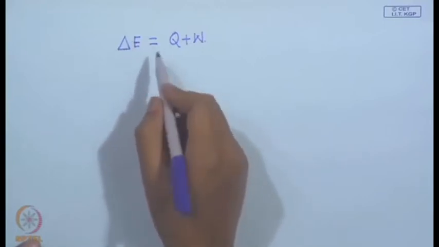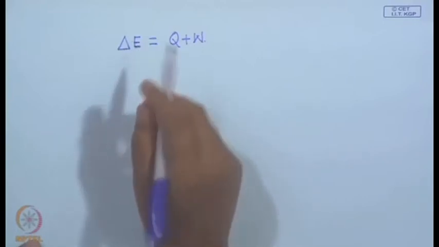Now, the internal energy, as already mentioned, is a state variable: it depends only on the initial and final state of the system, irrespective of the process or path through which this change is taking place.